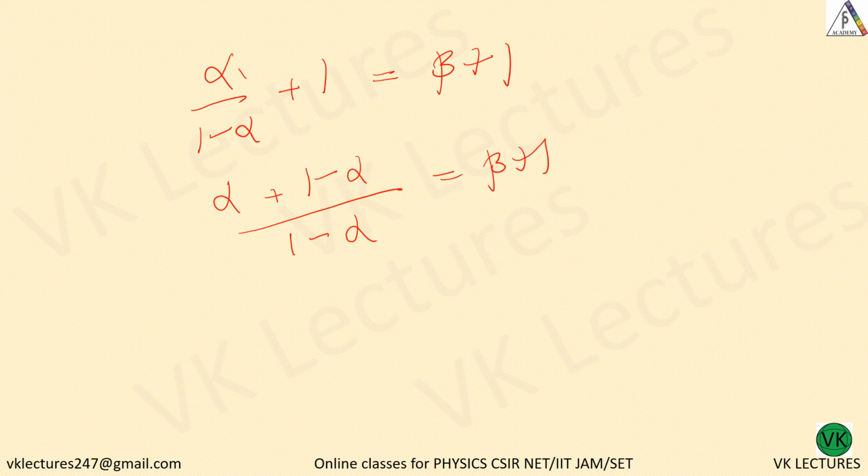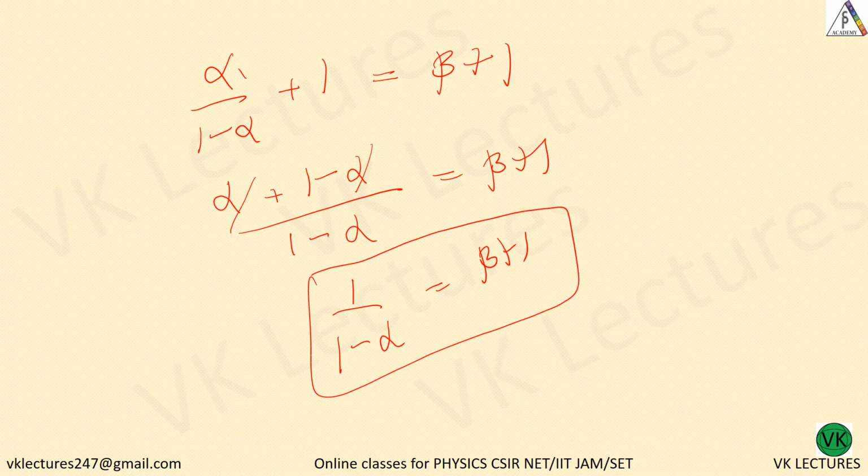So alpha and alpha get cancelled. So 1 divided by (1 minus alpha) is equal to beta plus 1. This is the relation between alpha and beta. This was also your previous question, I think, the relation.